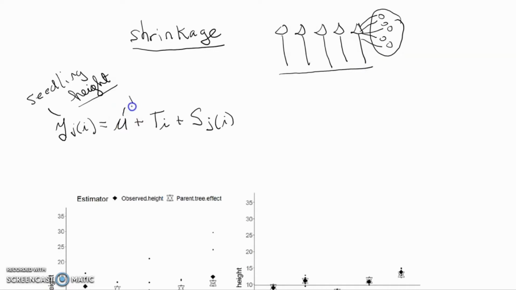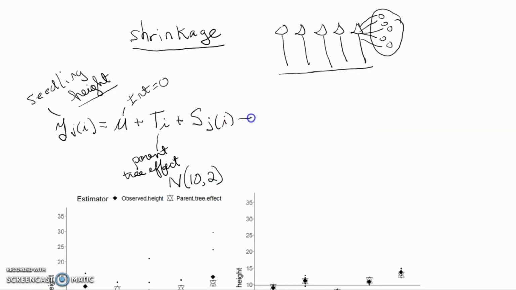And this is the intercept that will set to be equal to 0. And this is the effect of the ith parent tree. So this is the parent tree effect. And it's going to be derived from a normal distribution with mean 10 and standard deviation equal to 2.